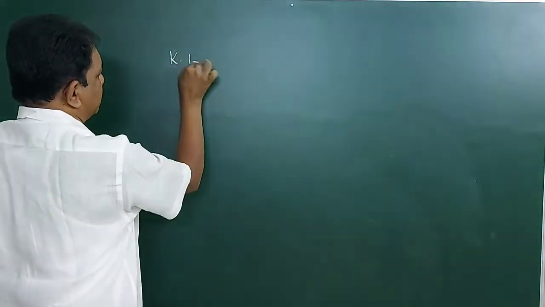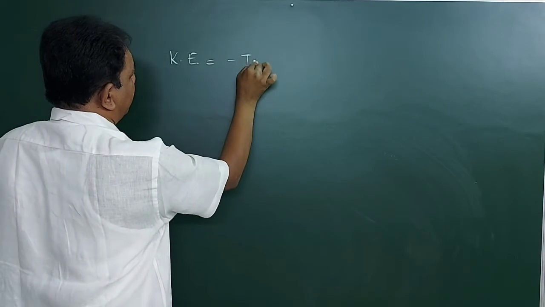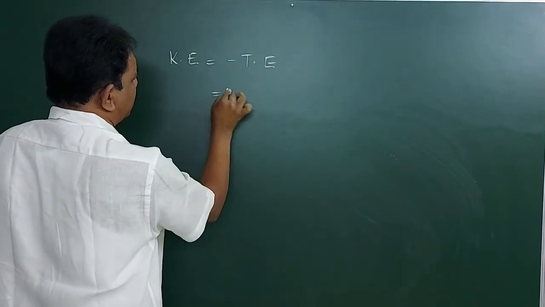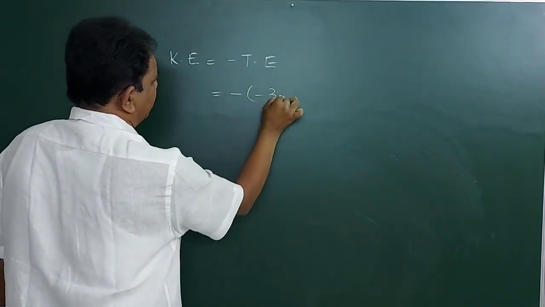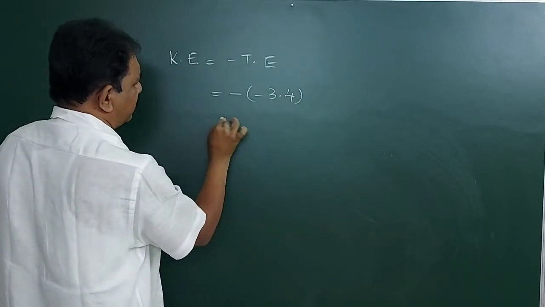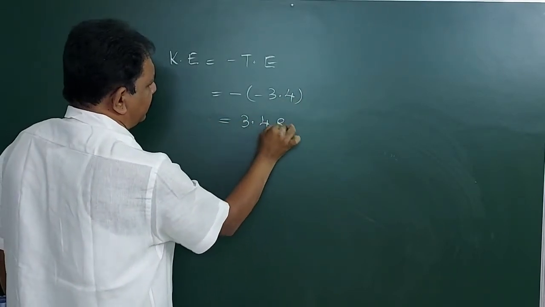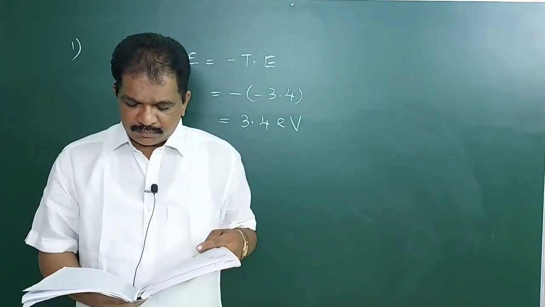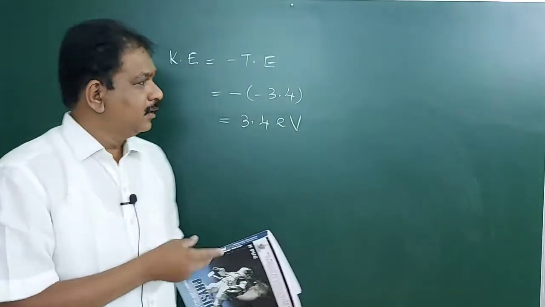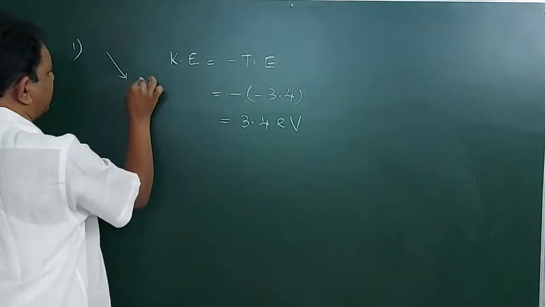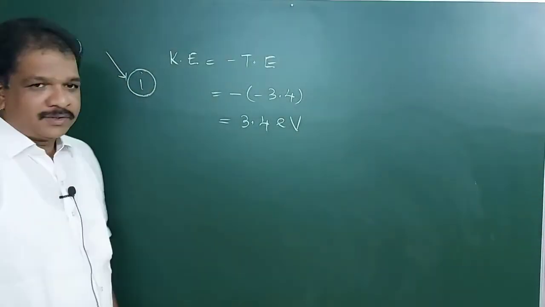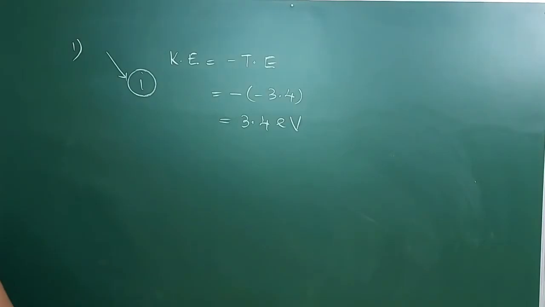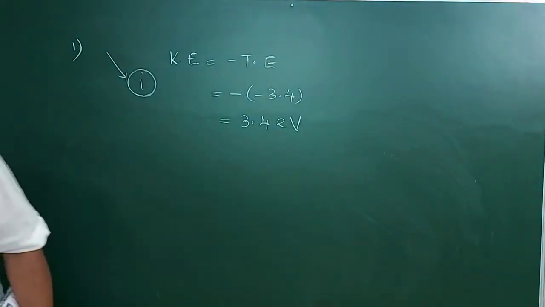Kinetic energy is equal to minus total energy. Minus 3.4, this value will be 3.4 electron volt. So first question, it will be first option. Okay. Next, see the second question.